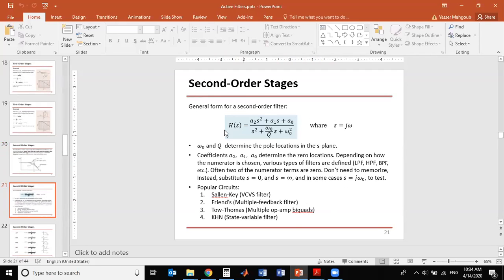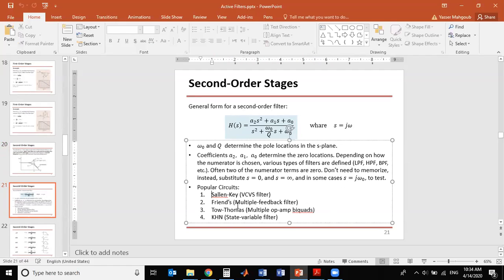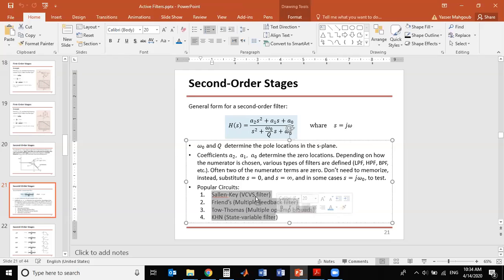This is the general form of a second order filter, and we can realize this filter using one of these 4 circuits, okay? So try to remember this. You have a filter type, that means low pass filter, high pass filter, band pass filter, and so on. You have an approximation type, and this is Butterworth, Chebyshev 1, Chebyshev 2, Bessel, and elliptic, okay?